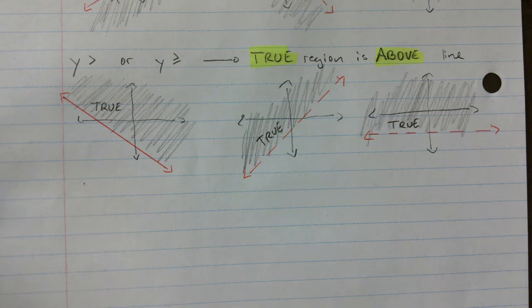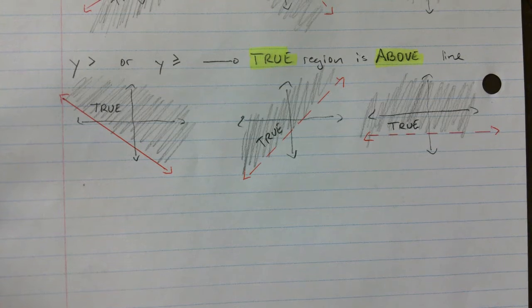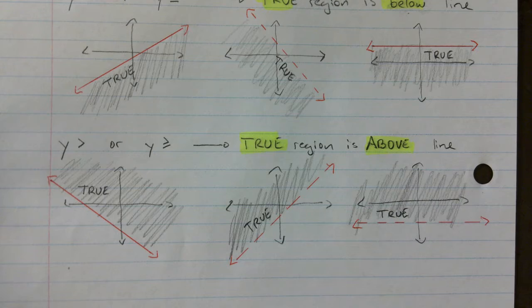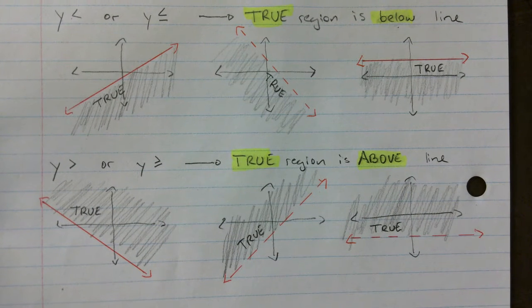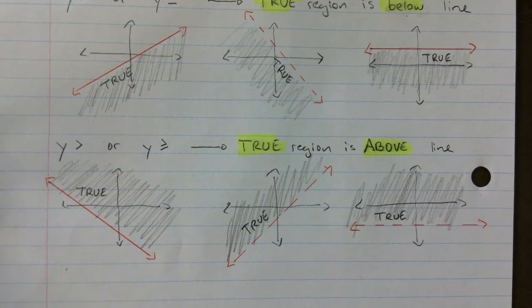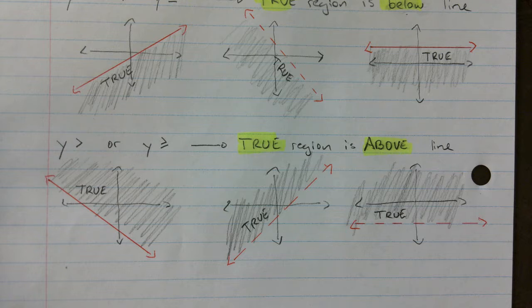That's, of course, using regular shading. So this is basically a summary of how we shade. And then I'll show you the special cases, which is the x. When it's just x, then you have a vertical line. How about this?